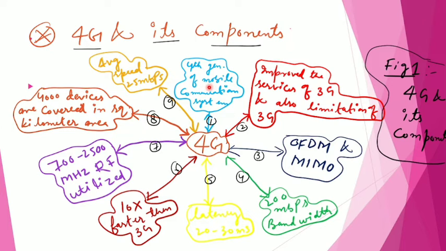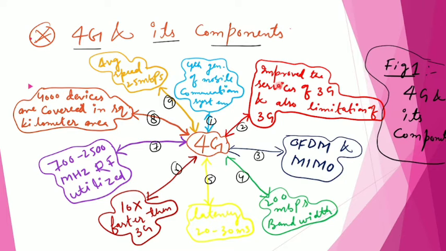It uses voice calling digitally over the communication system, the VoLTE system, voice over LTE, that we are using in Jio 4G. It improved the services of 3G, and it has also improved some limitations of 3G.